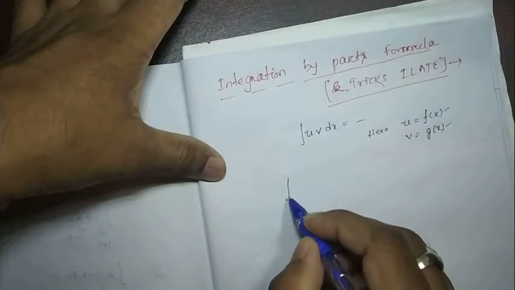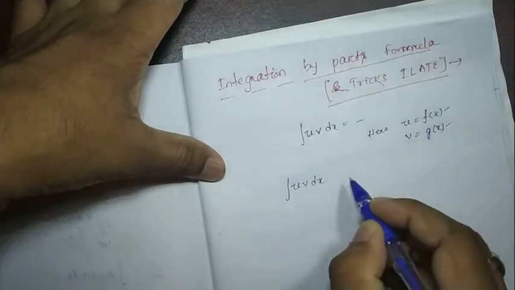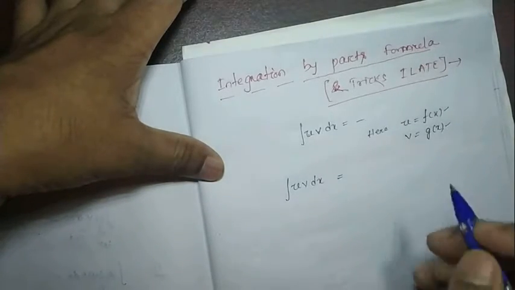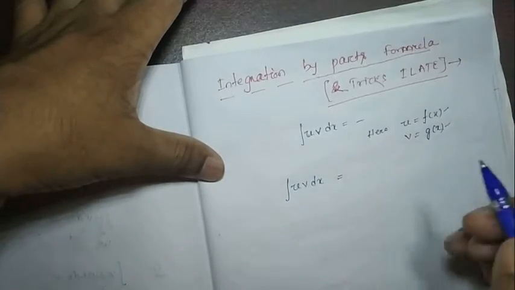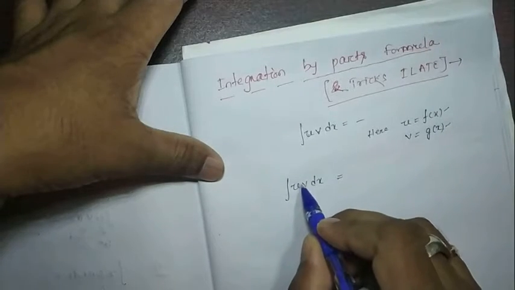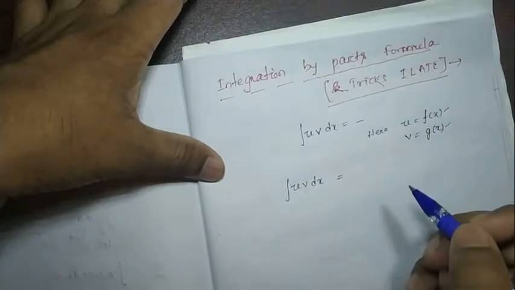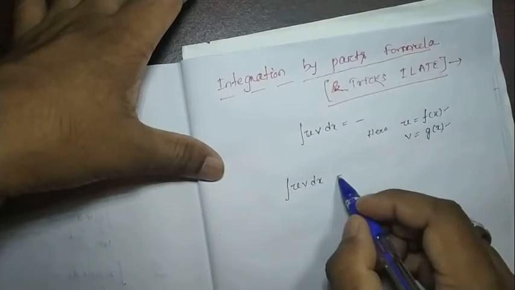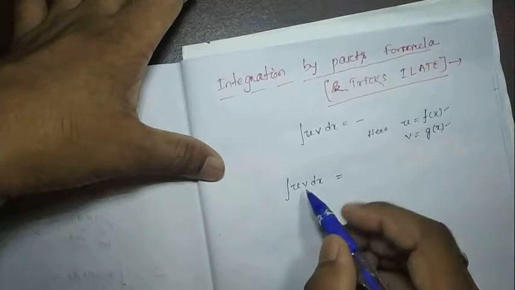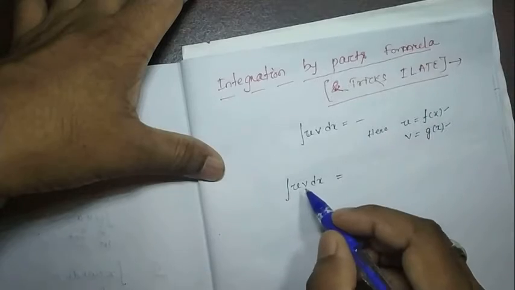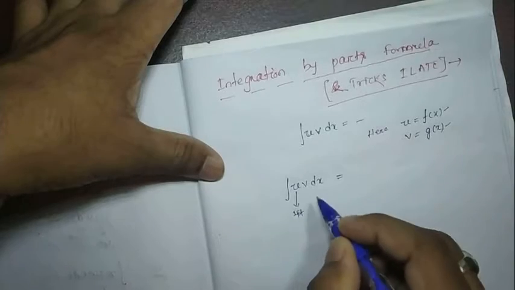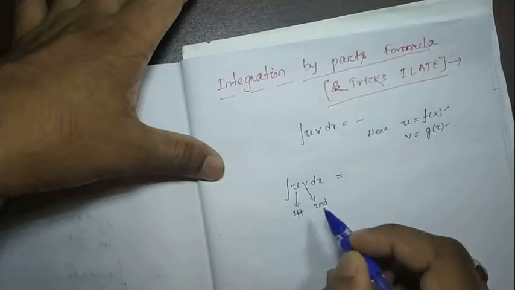So if it is like this, then what will be the general formula that we have to remember to find this type of integration where two functions are multiplied with each other? To write the formula, first we consider one of the functions as the first function and another as the second function. So let u be our first function and v be our second function.